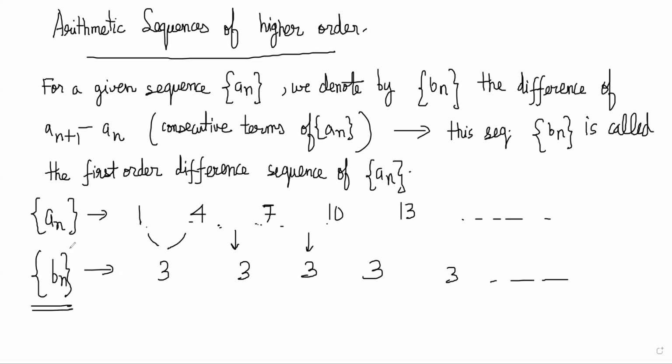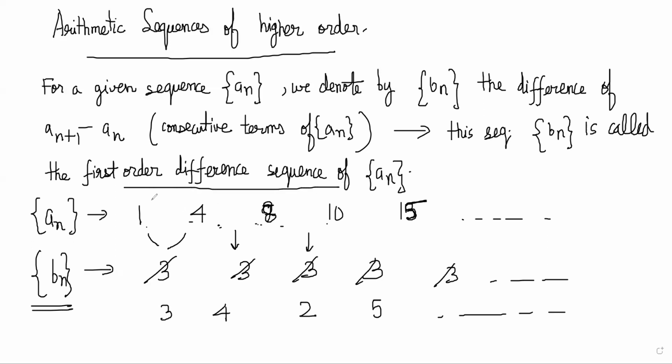Now you don't have to have an AP on the top. You could have a sequence here 1, 4, 8, 10, 15, and so on also. In that case, my difference sequence will become 3, 4, 2, 5, and so on. So for any sequence of numbers, the first order difference sequence can be constructed by taking the difference between successive terms of the original sequence.